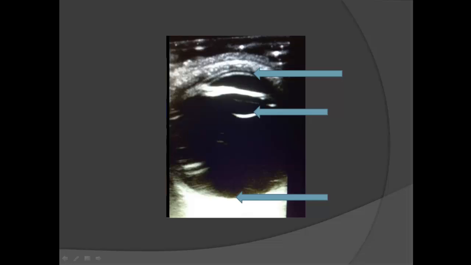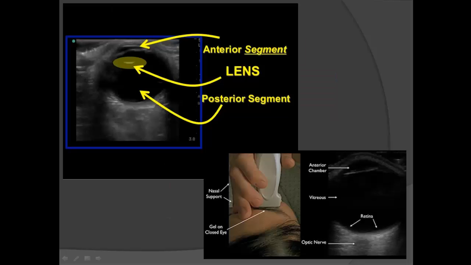The lens is posterior to that, which is indicated here by the second arrow in the middle, and then deeper than that on the ultrasound image, the third arrow is pointing to the retina, and you're looking for the contour, the shape of the entire globe. Make sure there are no irregularities within the retina, and nothing floating within the vitreous body.